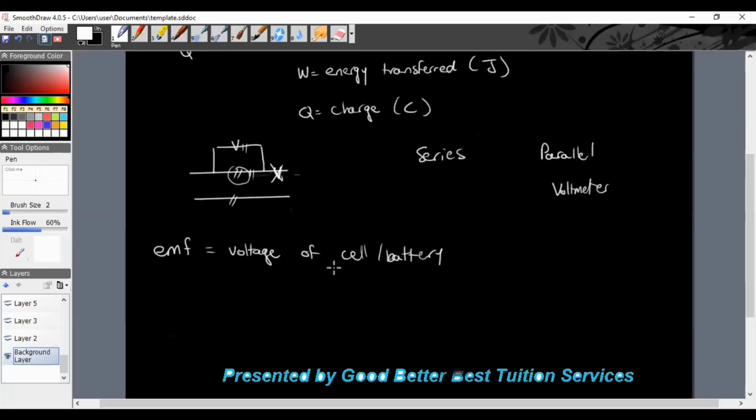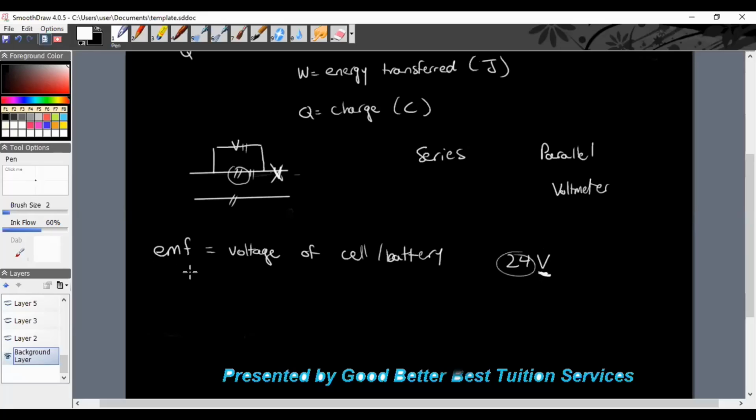So for example, they'll say that the battery or the cell in the circuit has an EMF of 24 volts. So they're telling you that the voltage of the battery or the cell is 24 volts, but they say it's an EMF.